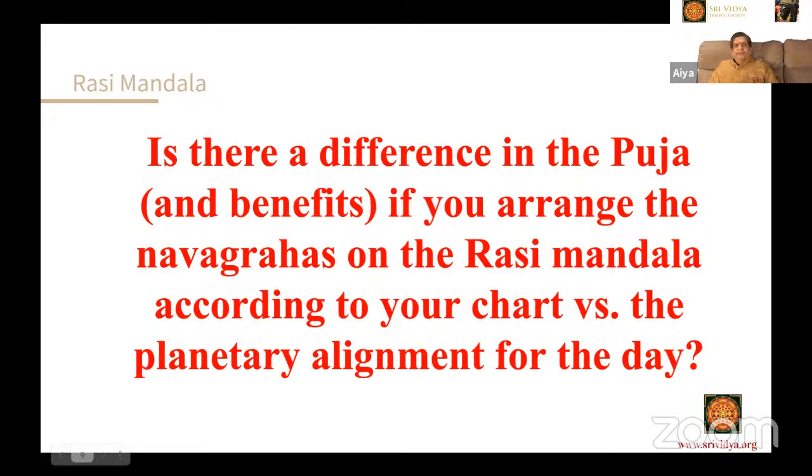If you place the Rasi on the Rasi Mandala by the planetary alignment for that day, it is a general coverage. One is specific for you, if you place it according to your chart. If it is according to the day, it is for the general public. Okay, so one is job specific, the other one is a general insurance.